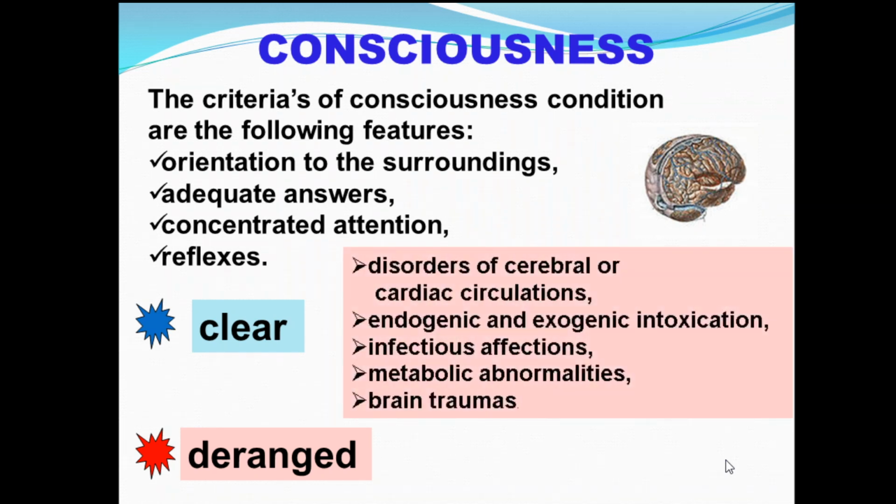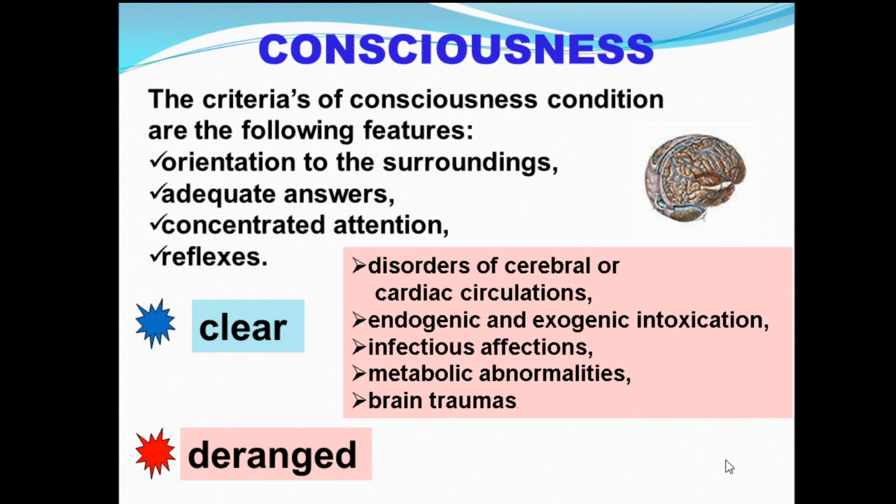which appears due to different pathology, but first of all, consciousness disorder due to disordered cerebral or cardiac circulation, because the brain is very sensitive to hypoxia. And you understand, transport of oxygen is tightly correlated with adequate blood flow.